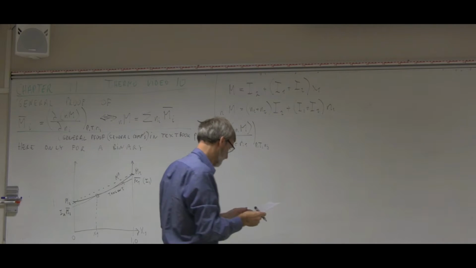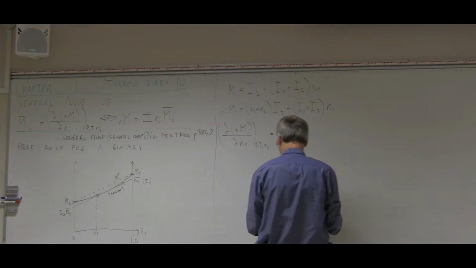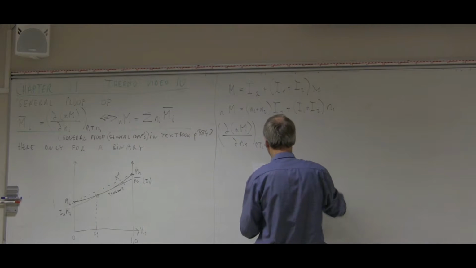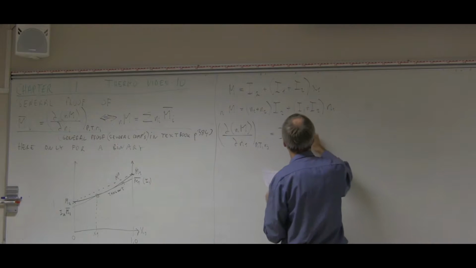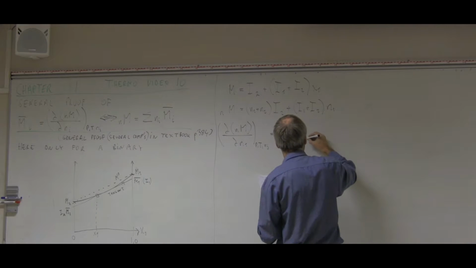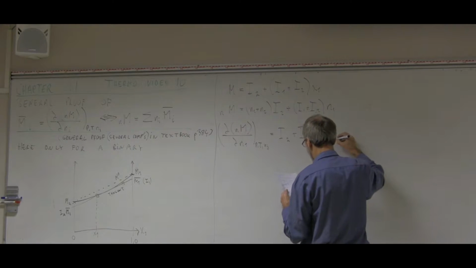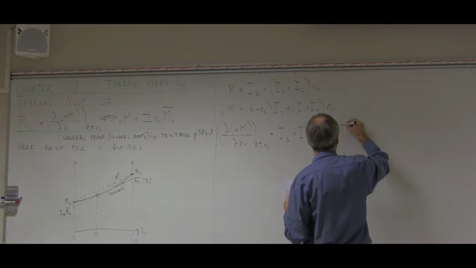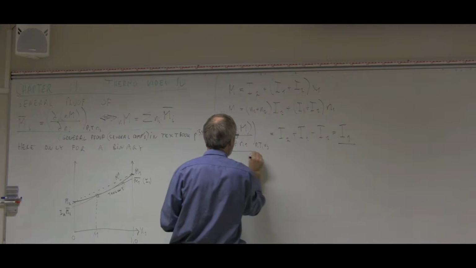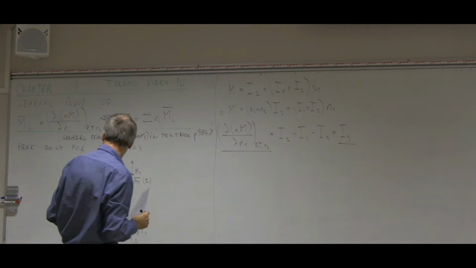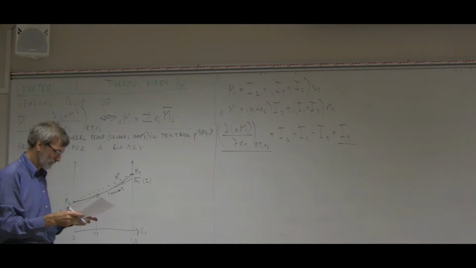Then we get I2 plus I1 minus I2 equals I1. This is that one.